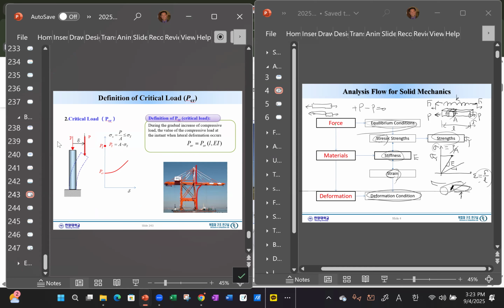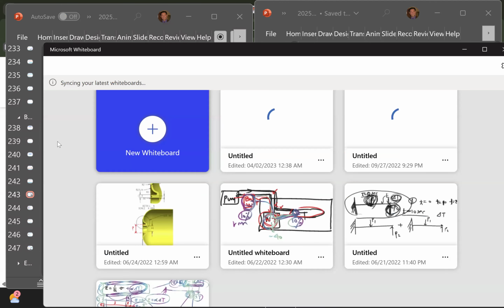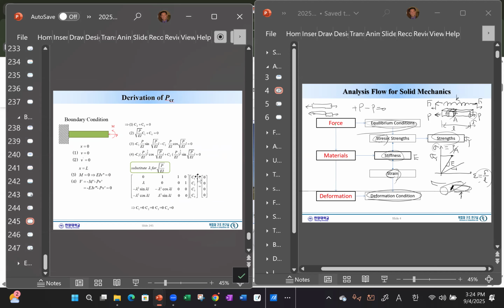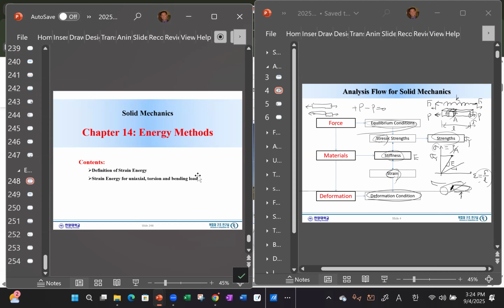But very interestingly, we can apply compression. What will happen? Compression, this structure will buckle. It can buckle this way, that way. That can happen in the real world. This should also be covered.